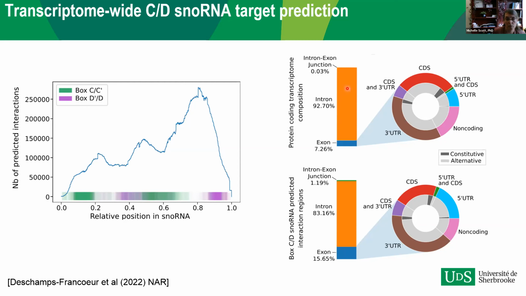And so the great majority of the transcriptome consists of intronic sequences, so 92% or 93%, and 7% are exonic sequences, and very few of these windows will overlap exon-intron junctions. But if we look at the regions that are predicted to be targeted by box C/D snoRNAs, we see that exonic sequences are significantly enriched. So there's twice as many hits on exonic sequences as what you would expect randomly.